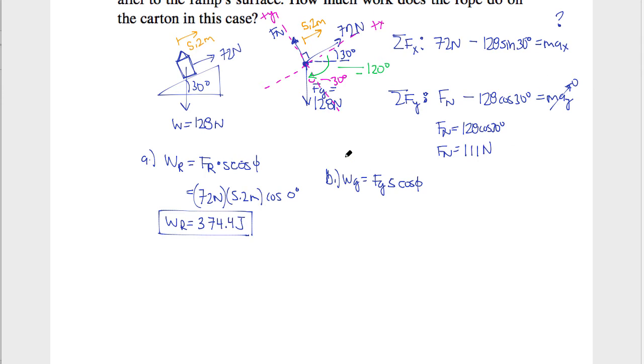So this negative 120 goes into my cosine. And so the work done by gravity is going to be 128 newtons times 5.2 meters times the cosine of negative 120 degrees. So the work done by gravity will end up being negative 332.8 joules. Apologize for that weird 8.